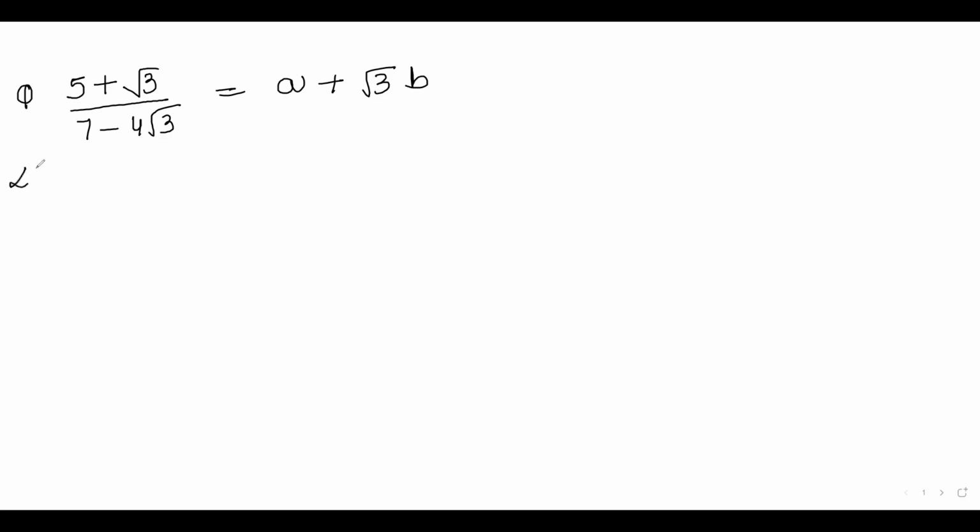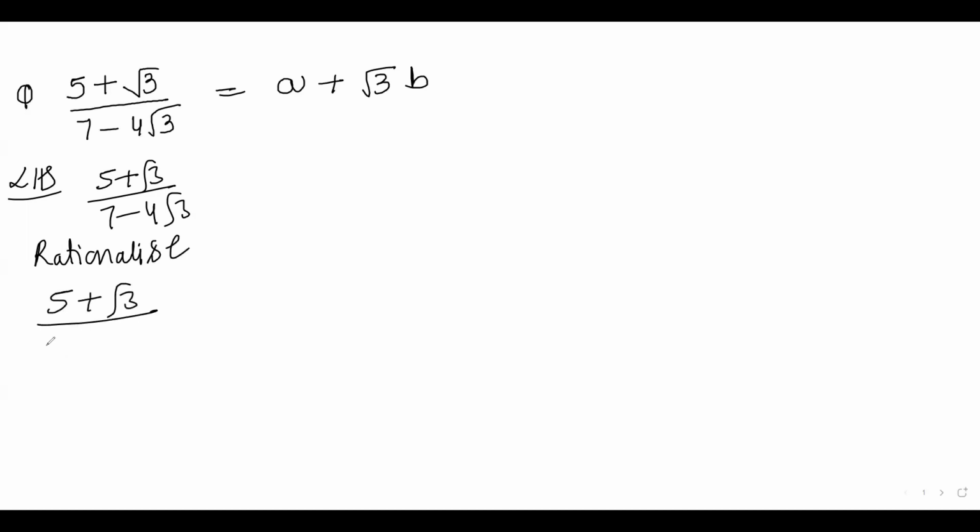Let us take left hand side and rationalize. 5 plus root 3 by 7 minus 4 root 3. The rationalizing factor is 7 plus 4 root 3. Multiply and divide by 7 plus 4 root 3.